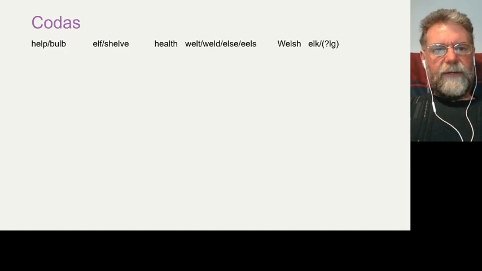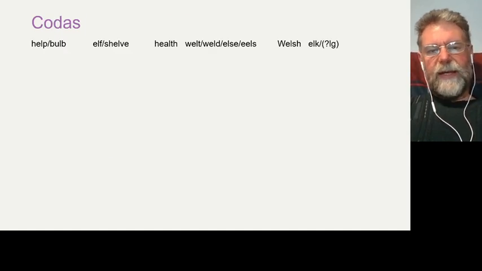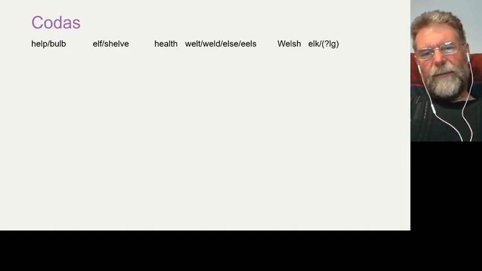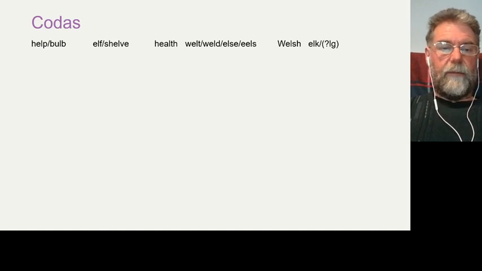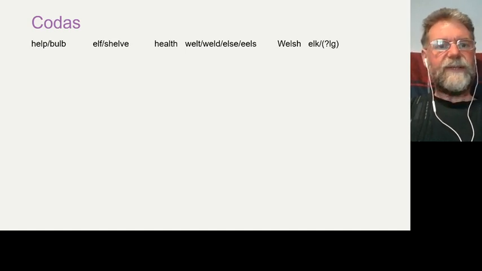Okay, moving on to have a look at the codas. It seems as though we've got a similar but somehow different restriction. So, for example, the l approximant can come in front of voiced and voiceless plosives, as in help and bulb.